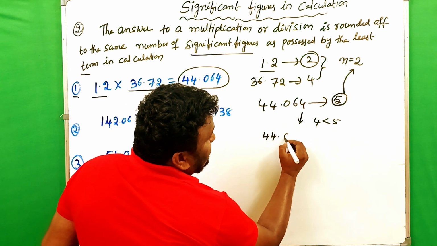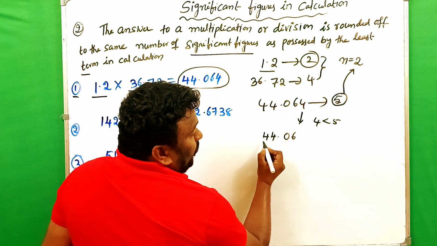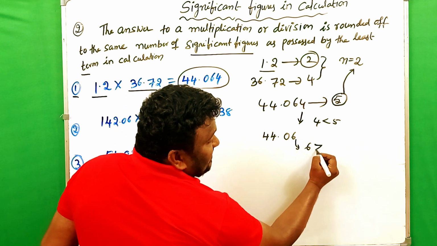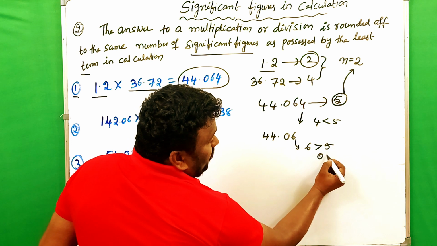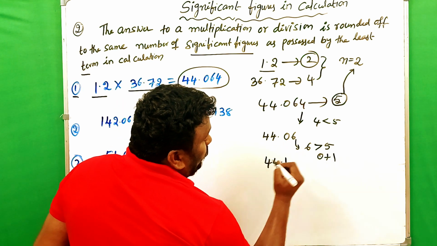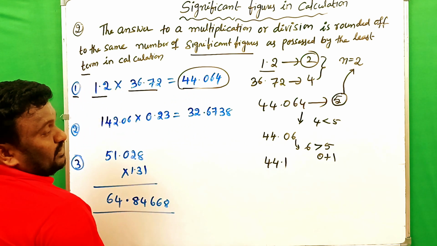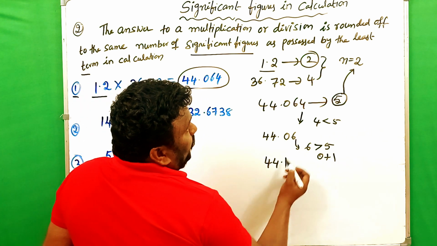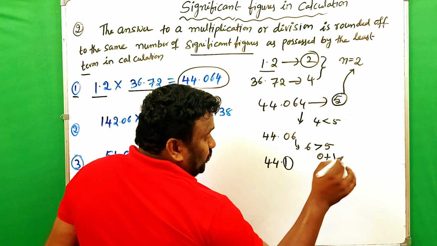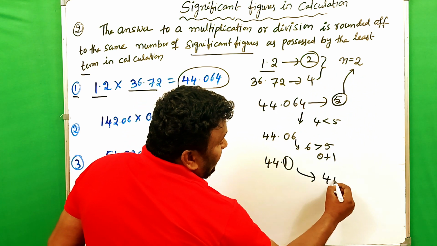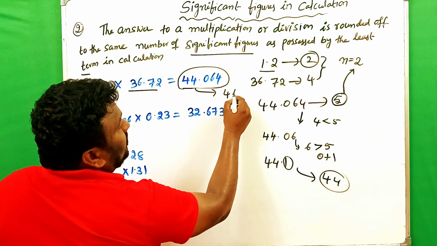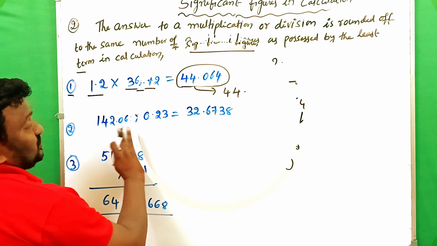Now 44.06. Now how many are there? 4. Again now 6 is going to be dropped and 6 is greater than 5, then 1 should be added to the 0. Then what you get? 44.1. Clear? So again what do we require? Only 2 we require. That's why this one is also going to be dropped, and what you get here is 44. So when it is rounded off, we will get 44.